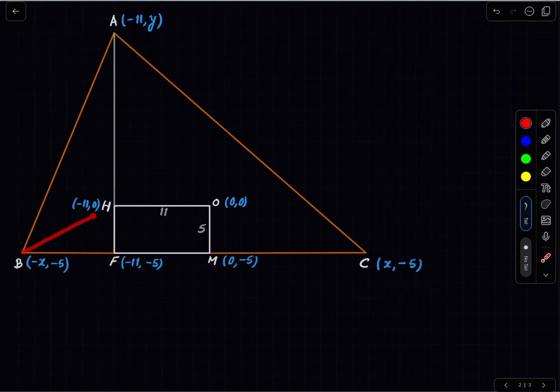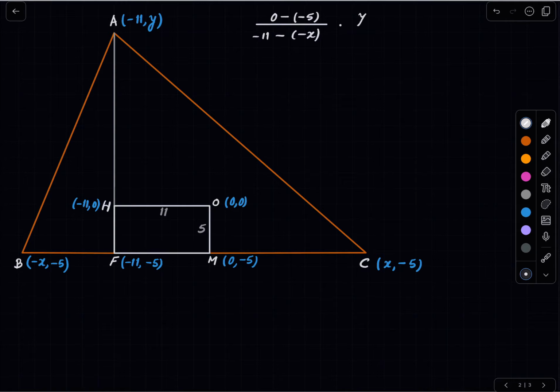So if we join these two points, we draw this line, this will be 90 degrees. The figure is not very accurate, so it doesn't look 90 degrees, but it will be. So the product of the slope of this line and that line will be minus 1, because the product of slopes of two perpendicular lines is minus 1 as long as none of the lines are vertical. So if we use that fact, what we get is the slope of the line BH is 0 minus 5 divided by minus 11 minus x. That's the slope of BH multiplied by the slope of AC.